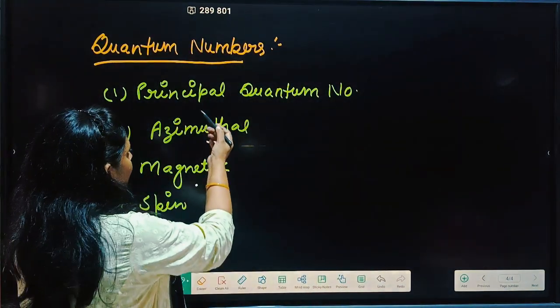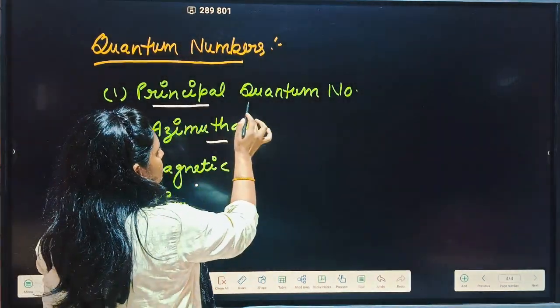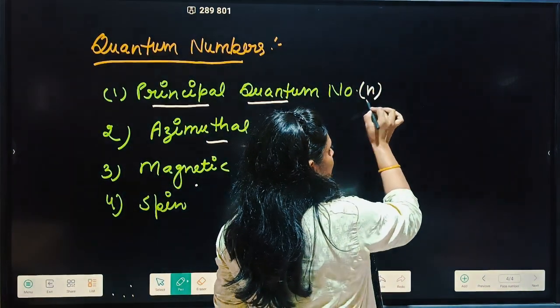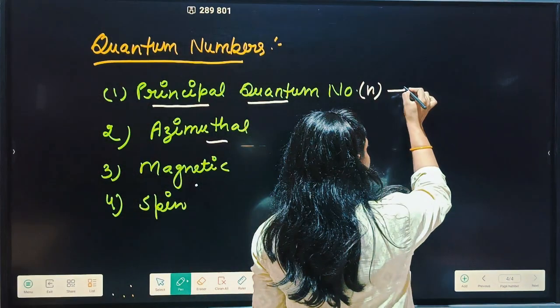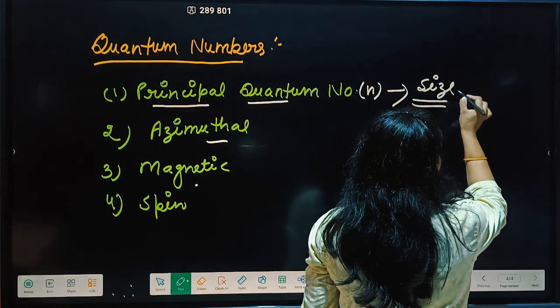Then students, there are four types of quantum numbers. The first one is the principal quantum number, represented by small n. It tells us about the size.